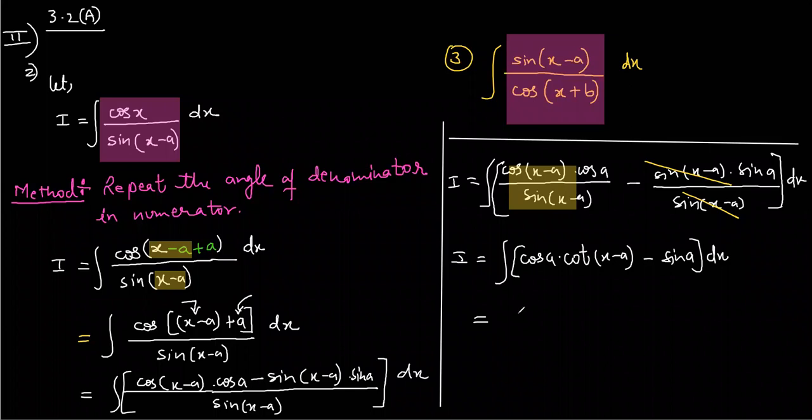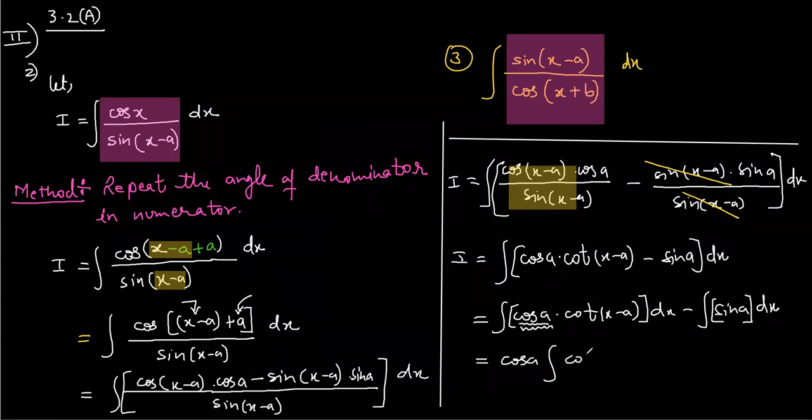So I write separate integrals: the integral of cos a cot of x minus a dx minus the integral of sin a dx. Here cos a being a constant, you write it out, and the integral of cot of x minus a dx; minus sin a is out, and you have the integral of 1 dx.